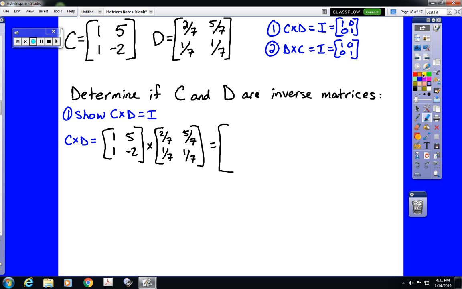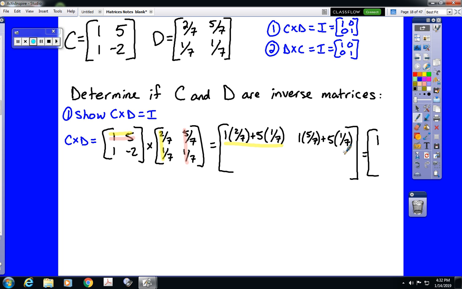So we start off and we go to row 1 of C times column 1 of D. That is 1 times 2 sevenths plus 5 times 1 seventh. And that has to equal 1. Well, that's 2 sevenths plus 5 sevenths, which would be 7 sevenths, or 1. So that does work. And we continue to the next entry, which is row 1 times column 2. That would be 1 times 5 sevenths plus 5 times 1 seventh.